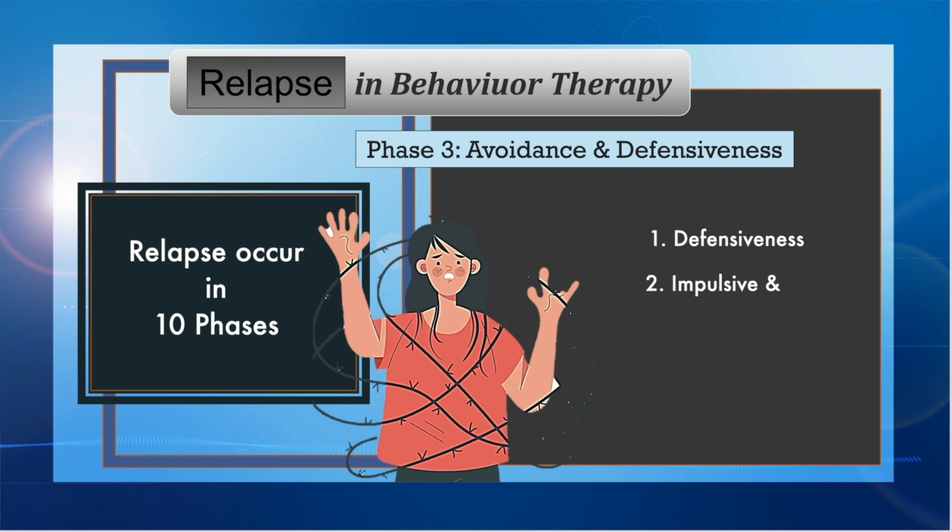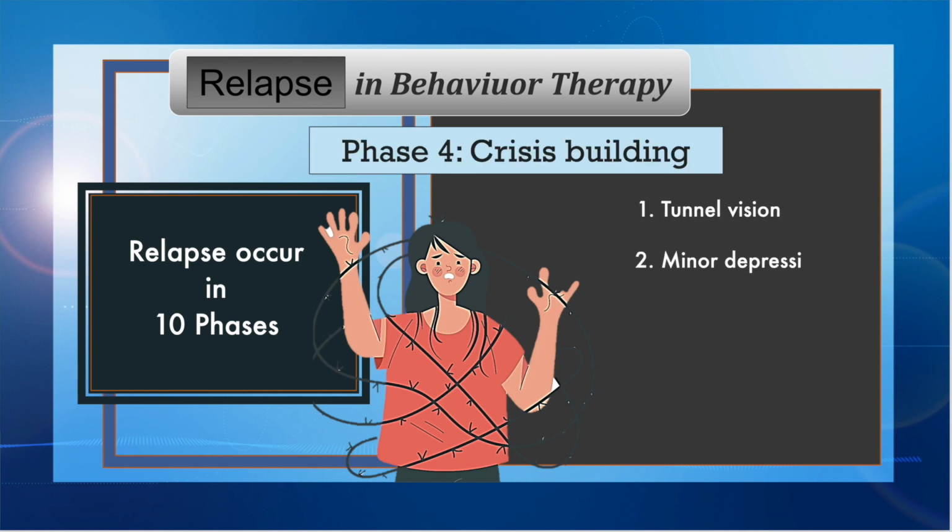Phase 3: avoidance and defensiveness, impulsive and compulsive behavior. Phase 4: crisis building, tunnel vision, thinking only about the substance, minor depression, loss of constructive planning, plans begin to fall apart.